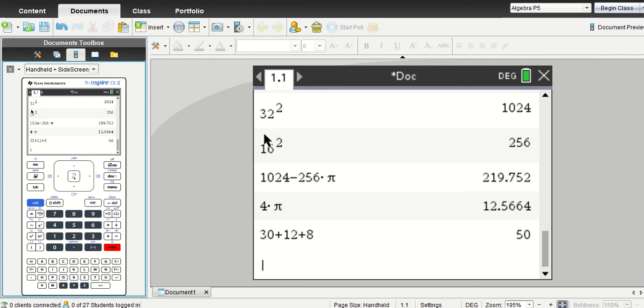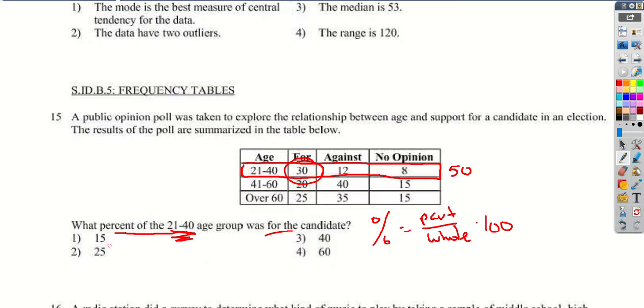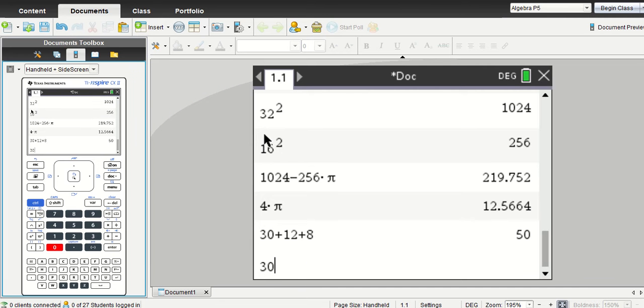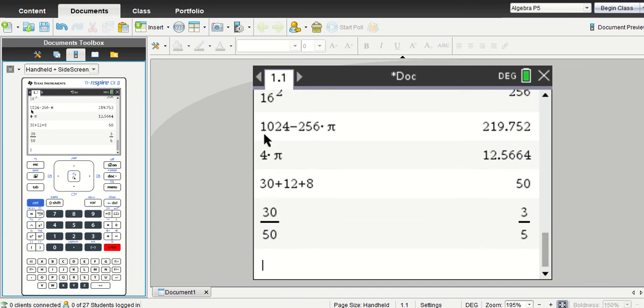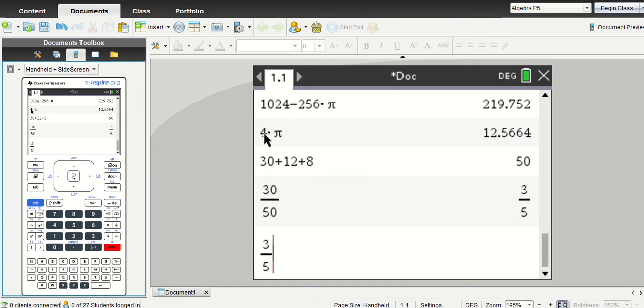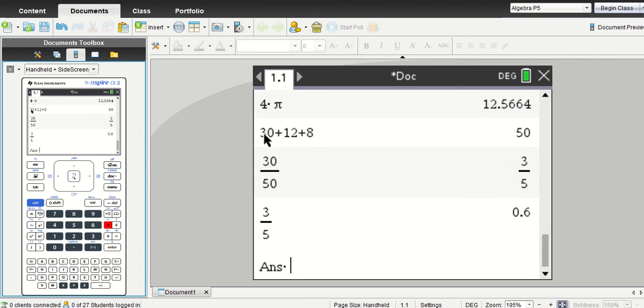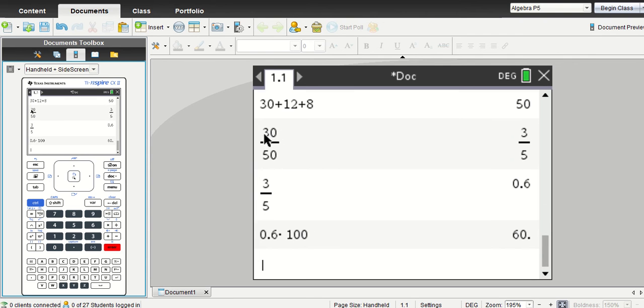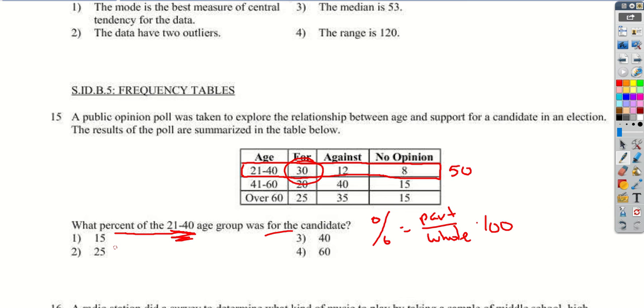And then we had, remember in ours, 30 out of that 50. Remember, it's 3/5. I want to know the decimal. So if I go back up and hit enter, I can bring it down, and I'll hit control enter. It's 0.6, and then I multiply that answer times 100, and I get 60. So it's 60%, and that would be my answer.